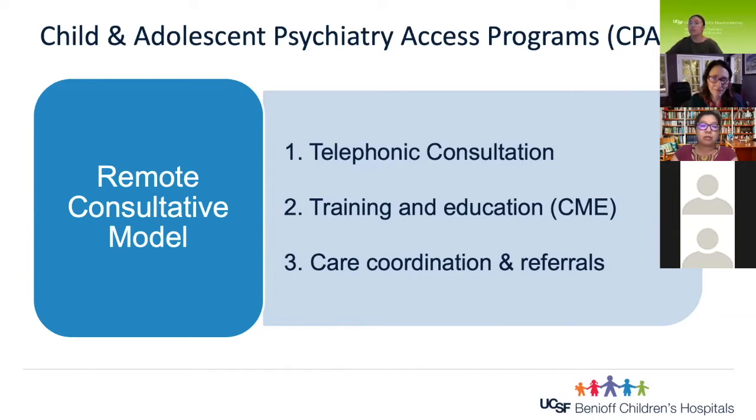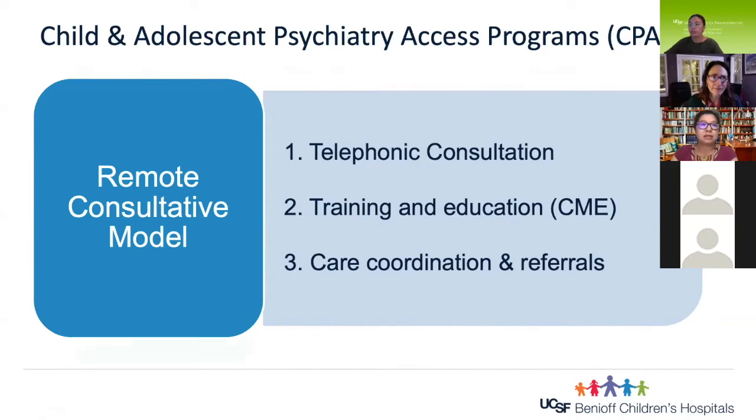Those are telephonic consultation, training and education, and care coordination and referrals. He felt these were a three-legged stool: all prongs of this model needed to be part of the program to have a successful access program.